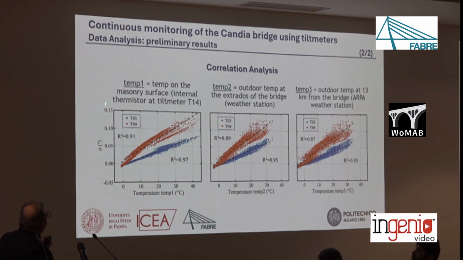For example, if we look at this thermistor that is integrated in tilt meter T14, the second one that was the temperature measured by our weather station, and in addition the public weather station from ARPA, we can see that the determination coefficients are always very high, but the best ones are related to the internal thermistor at tilt meter T14.